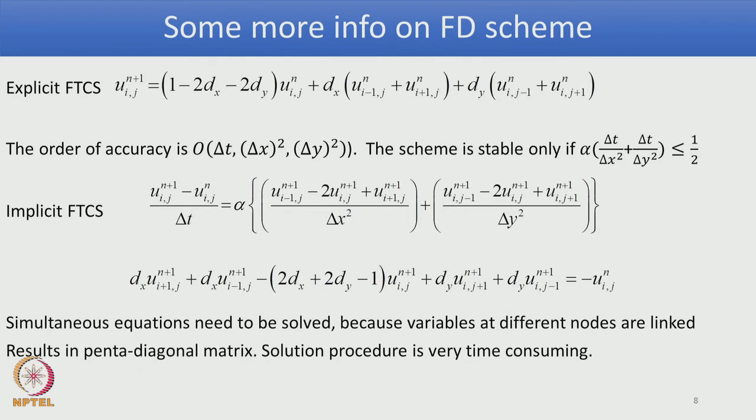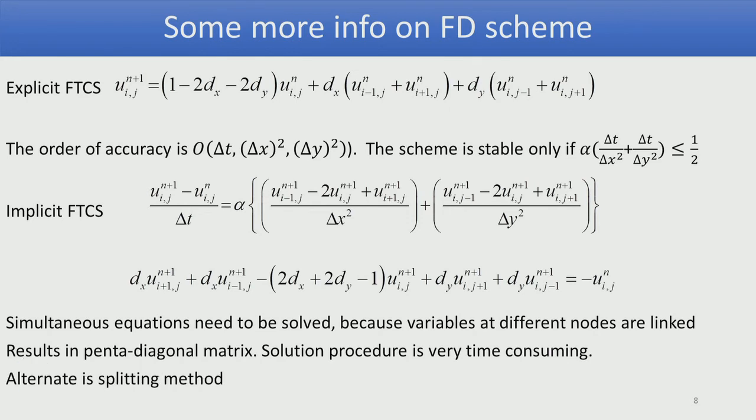This set of equations will result in what is known as a penta-diagonal matrix. In the next slide I am going to show what a penta-diagonal matrix is. Usually you would have a separate procedure to invert a penta-diagonal matrix, which is definitely time consuming.